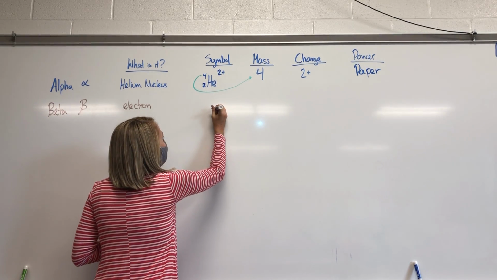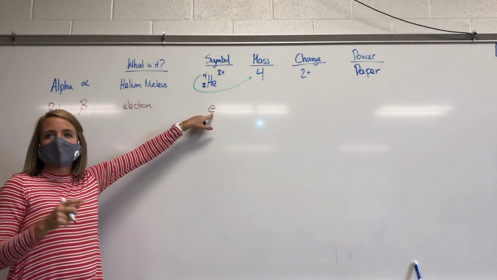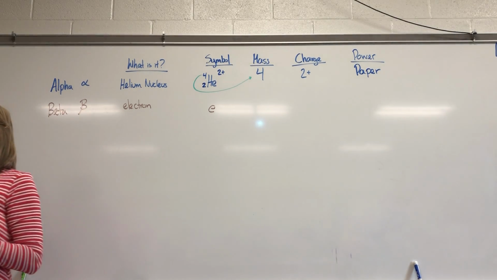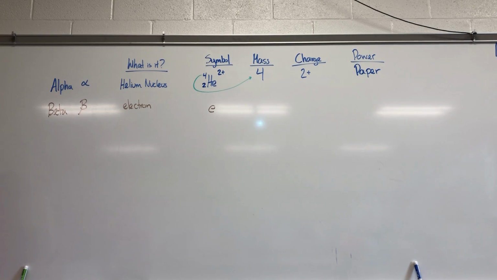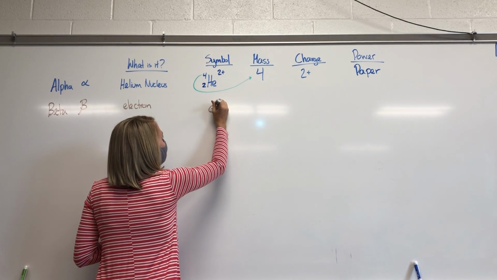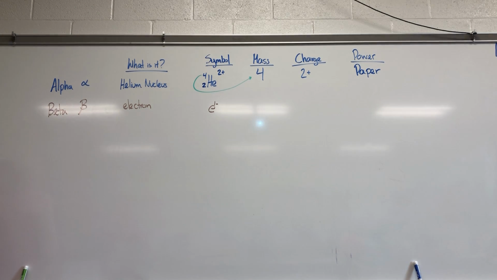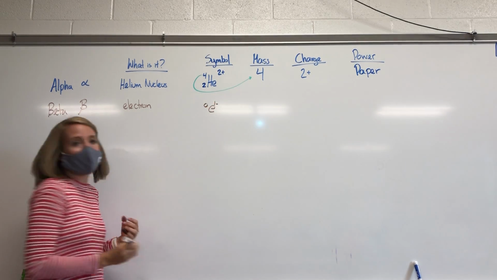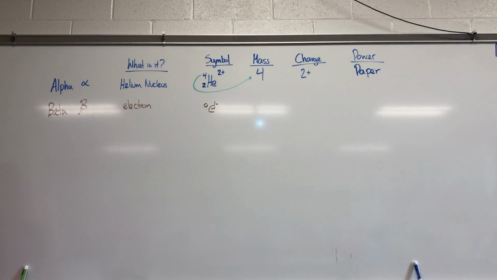So the symbol is, we're going to do a lowercase e to signify it's an electron. Now what do we know about electrons? Good, so we know it's negatively charged. And they have pretty much zero mass, so we are going to put it as a 0.